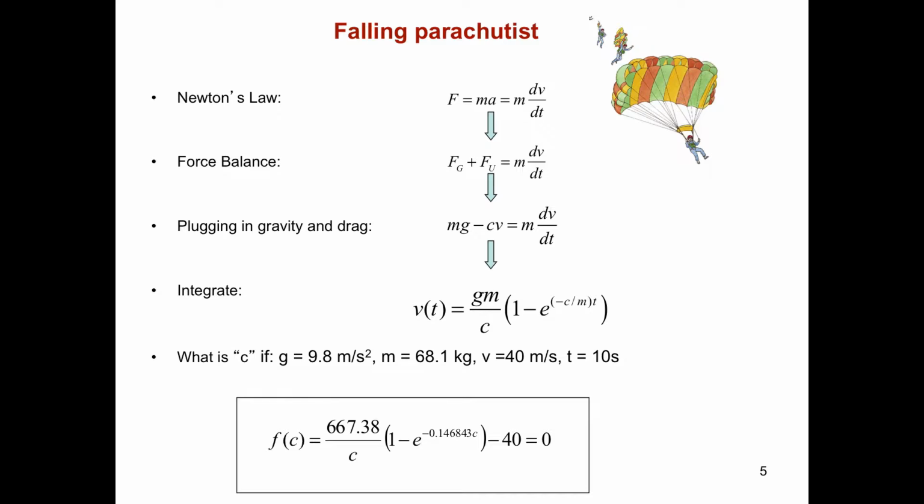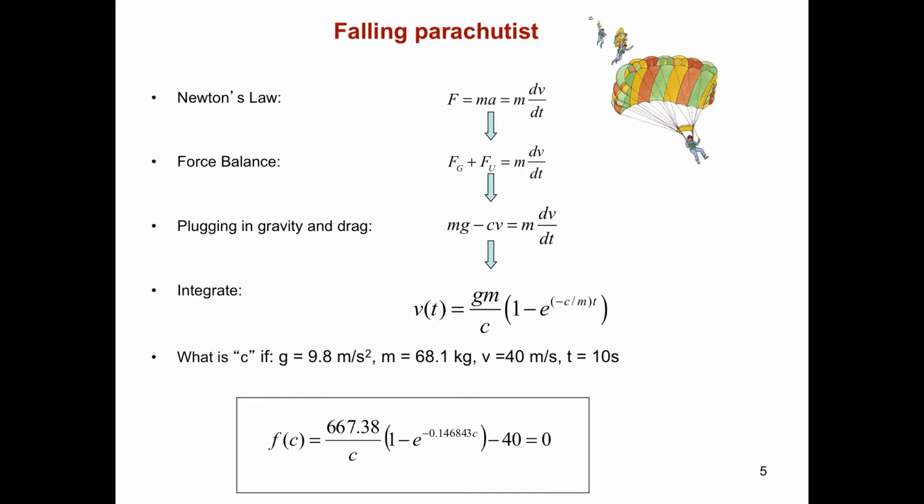So you form this, and when you integrate you will get that v of t is gm over c times 1 minus e to the power of minus c over m times t. Now if I actually have the data, when I'm evaluating parachutes and I'm looking for the c, you can plug it in, and you can see which c zeroes out this equation, based on the measurements that you can make.